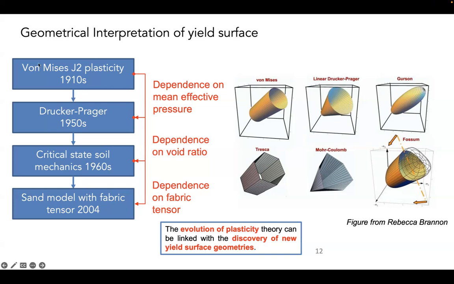And then you can see that the rest of the yield surface is manipulating the geometry to incorporate more physics. You can incorporate more physics in the following way: one is to increase the complexity of the geometry.